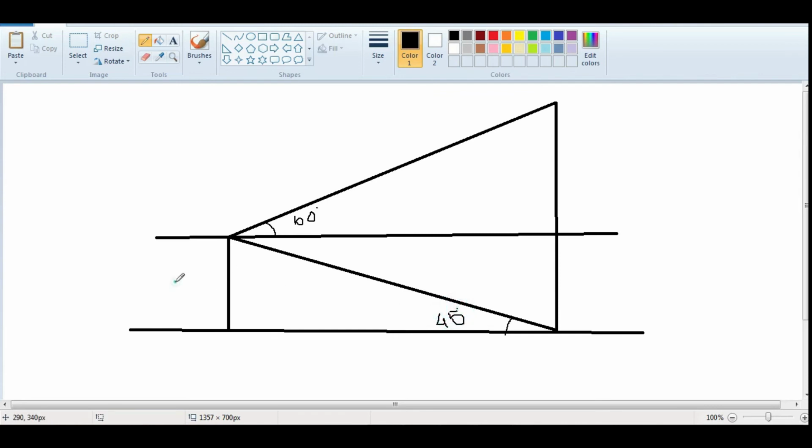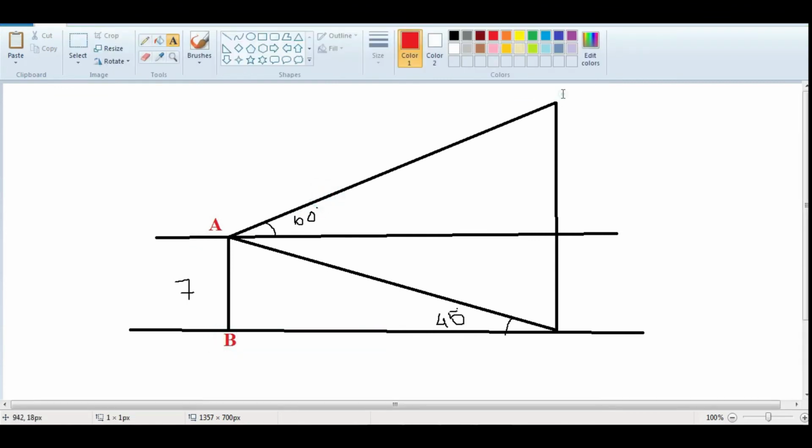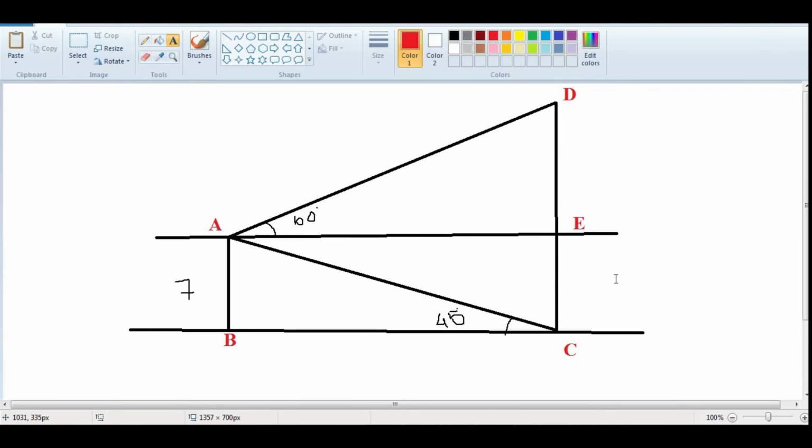Now the building height is given, it's 7 meter, and we have to find the height of the tower. At first we have to know the base length, that is BC. We have to know this length at first.